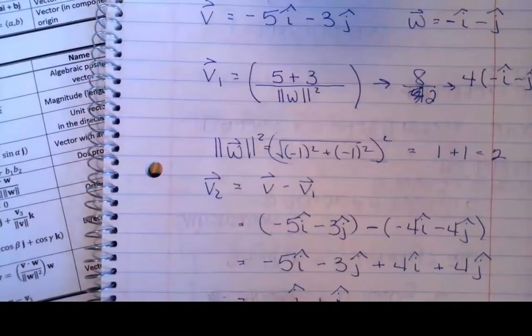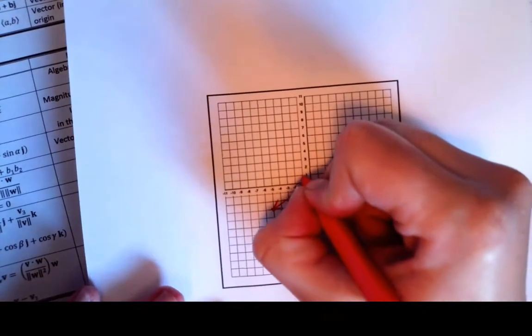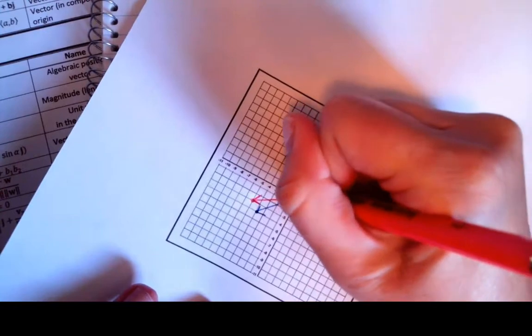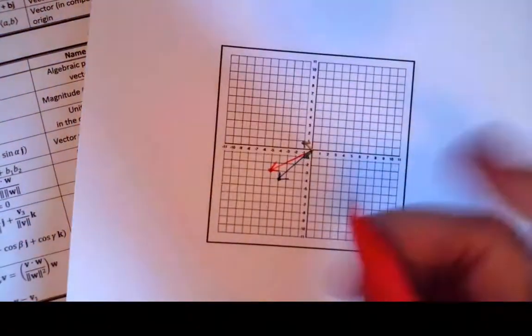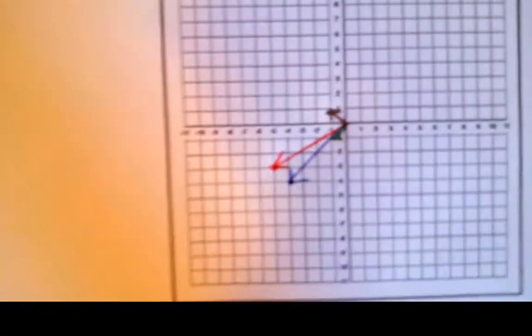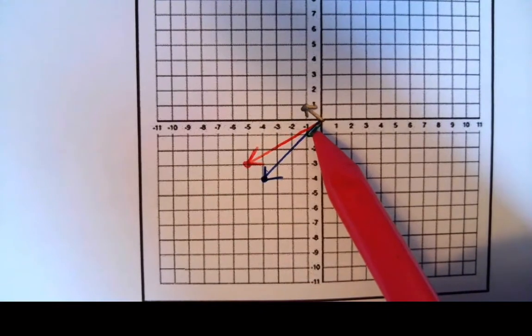And now I want to find out what this complement is, and it's negative i plus j. So negative i plus j is going to be right here. So you'll find out that that vector is perpendicular or orthogonal. Let's try and get a little bit closer. Okay, it is perpendicular or orthogonal to the green one.